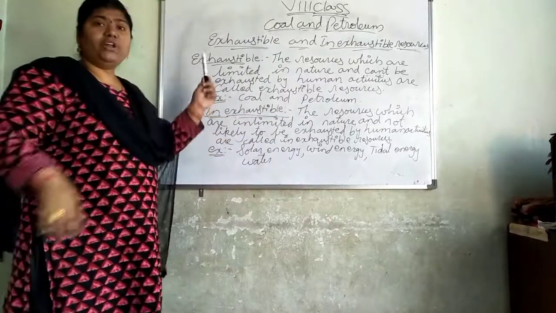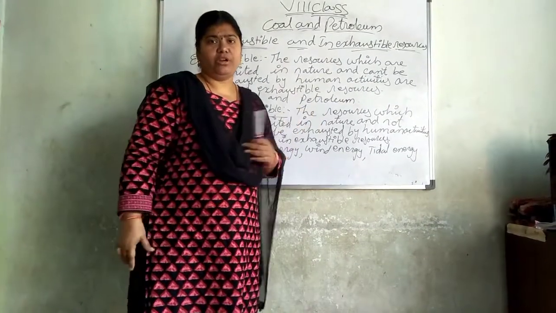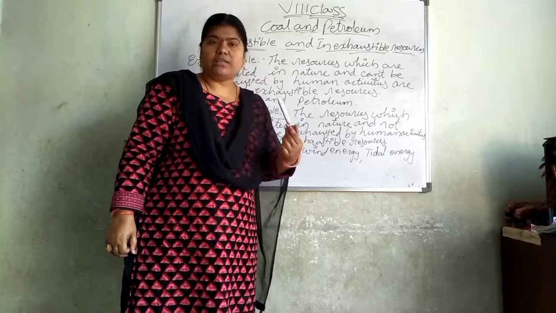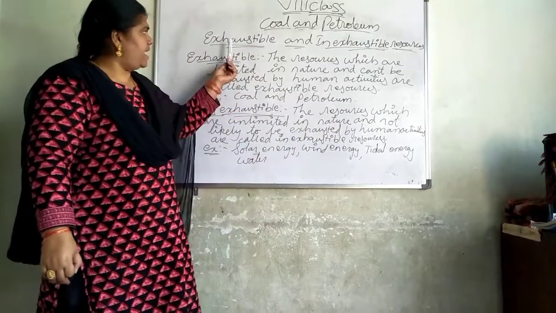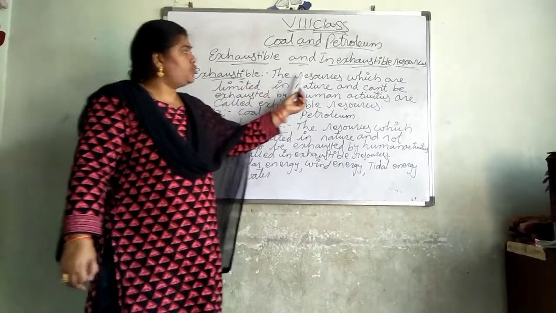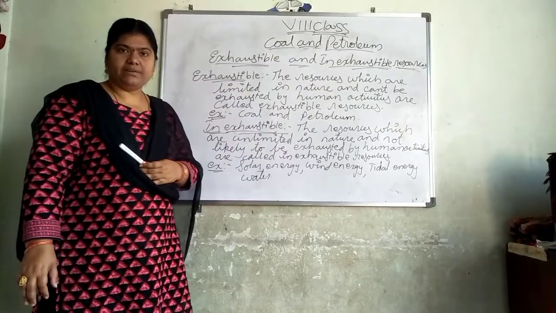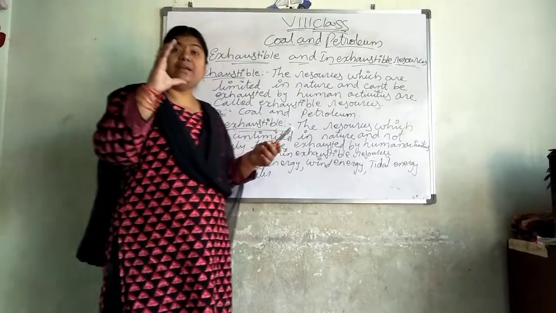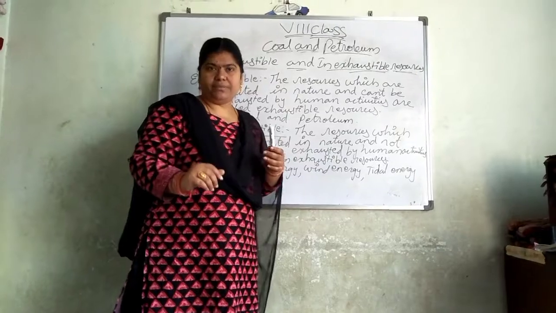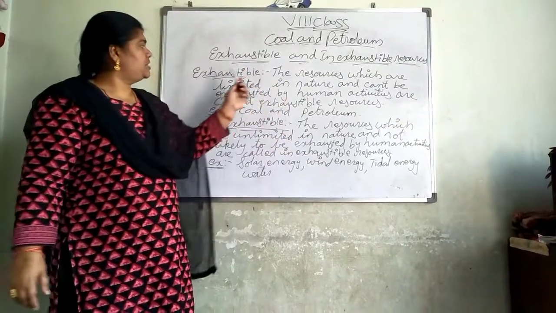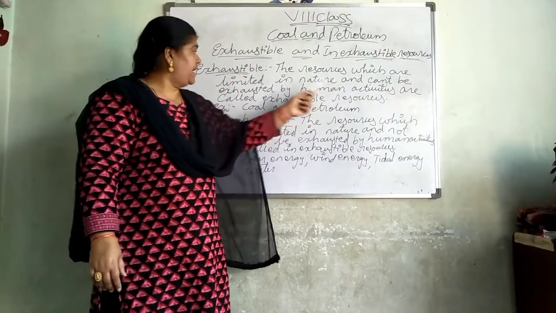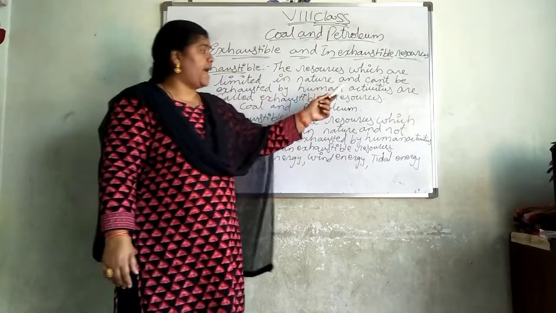These two definitions are very important. You must know what is exhaustible and what is inexhaustible. Exhaustible means the resources which are limited, very less in quantity, and cannot be replaced by human activities.